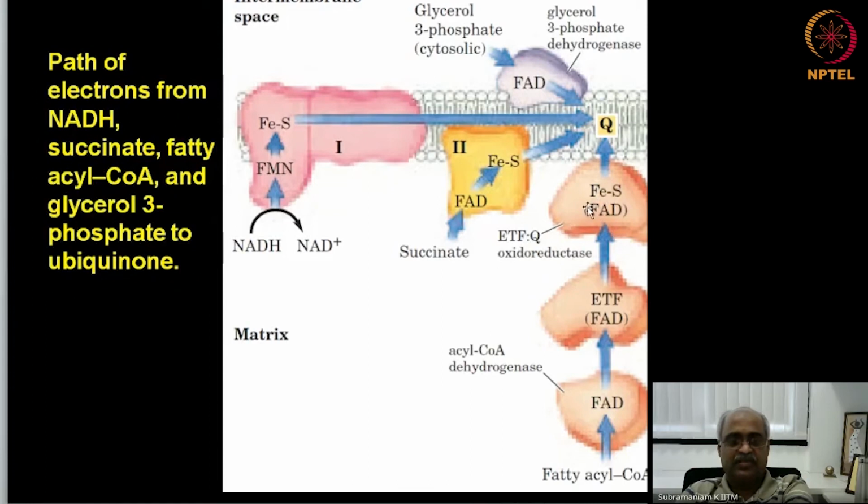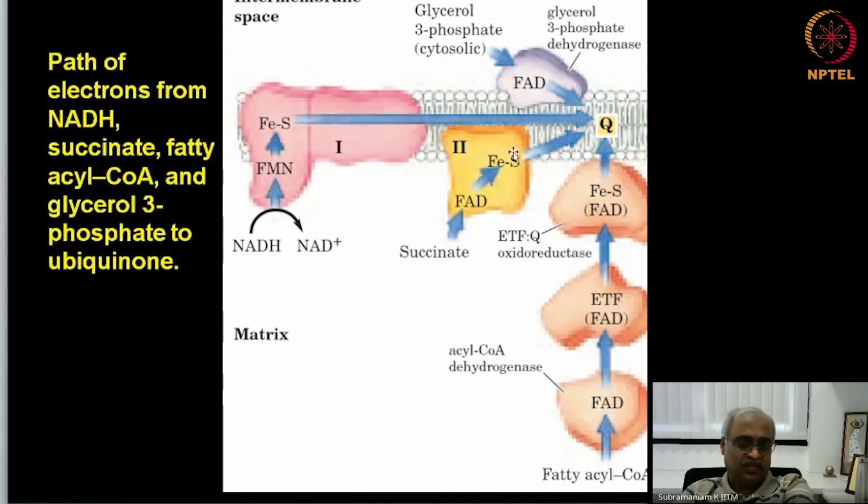This is an iron sulfur protein, which transfers from ETF to the ubiquinone. So these 3 protein complexes ultimately transfer the electrons abstracted from fatty acid oxidation to ubiquinone. So now we have seen 4 routes by which electrons from substrate oxidation are transferred to ubiquinone in the inner membrane of mitochondria. So now we'll follow the journey of electrons from ubiquinone.